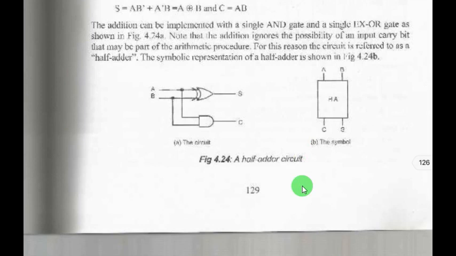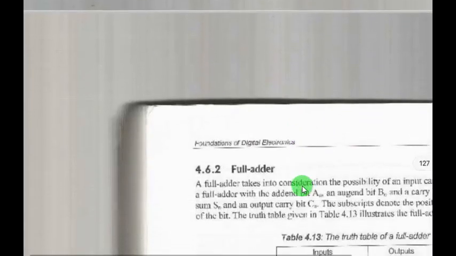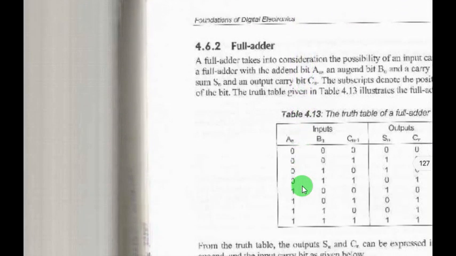So you see that this is an XOR operation and this is an AND operation. That is the gate level implementation of the half adder. And this is the symbolic representation of it.